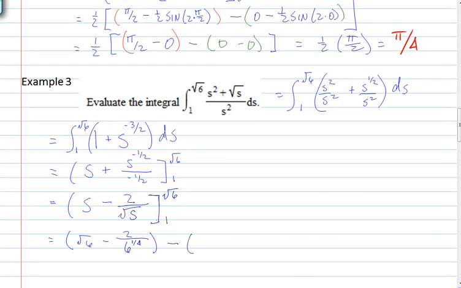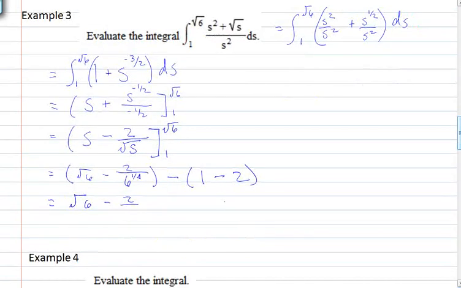Minus, plug in your lower bound. 1 minus 2, right? Because the square root of 1 is 1, and 2 over 1 is 2. Okay, cleaning this up then, we get the square root of 6 minus 2 over the 4th root of 6 plus 1.